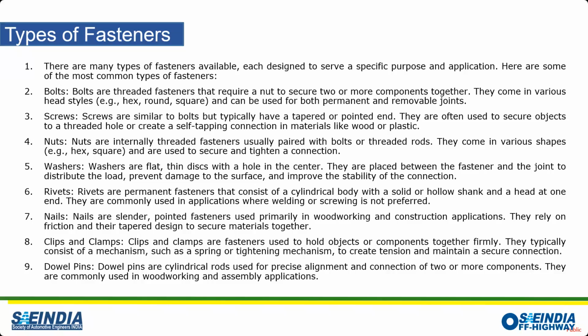You can use rivets when you do not want to service the part. It will be a kind of permanent joint, so in that case, you can use the rivets. You can also use nails in specific applications, maybe in woodworking or some construction applications.